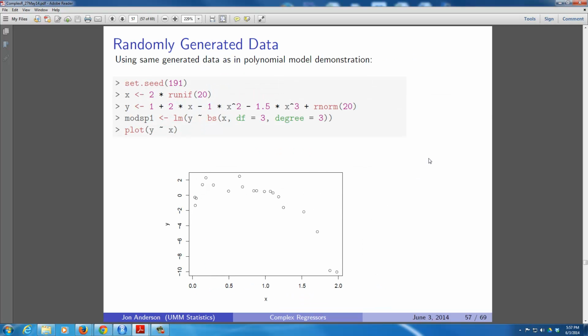Here's that x and y data that I used previously to describe and estimate a polynomial. Here is the raw y against x data. You can see the pretty big curve here. And if I want to use a spline, it's the BS function for the predictor variable, 3 basis functions and cubics for each of them.